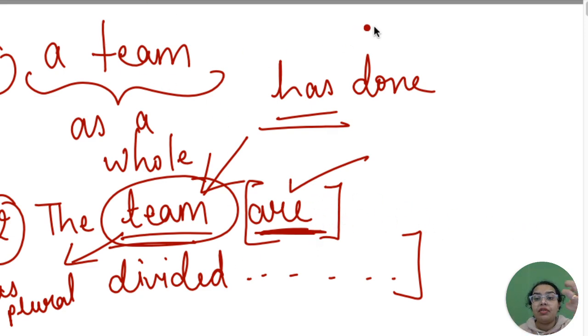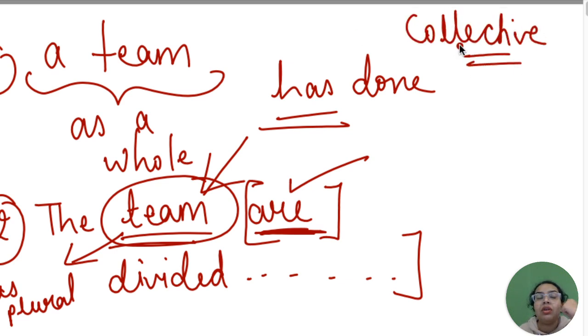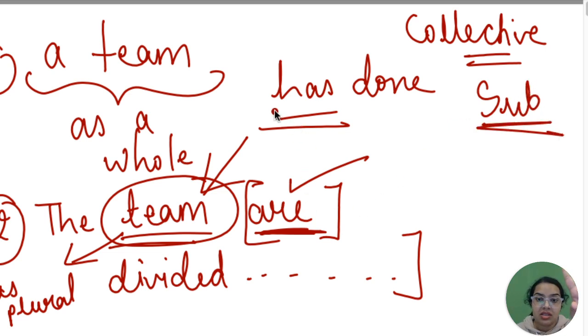So you have to be very careful whenever you deal with a collective noun. Let's say you see a sentence and you know, oh, this is a collective noun. Take a second there and think how you have to use it. Okay, in which way, especially if your collective noun in the question is the subject of the sentence. Think twice.